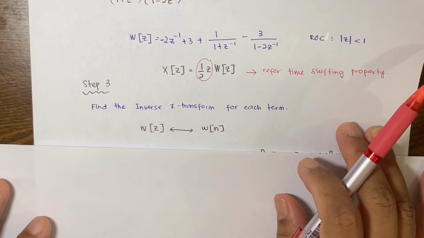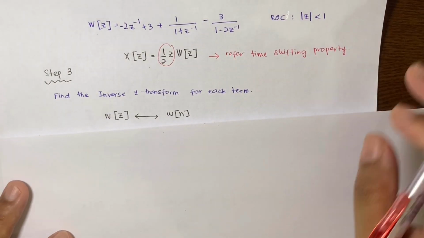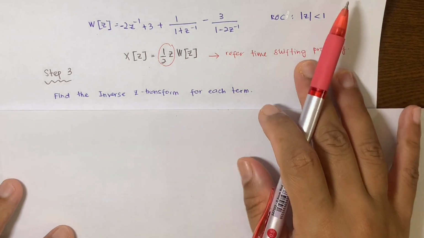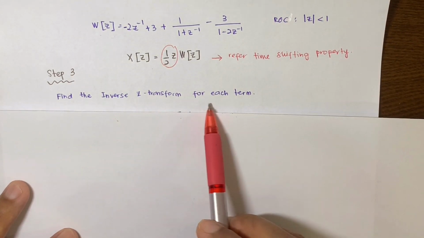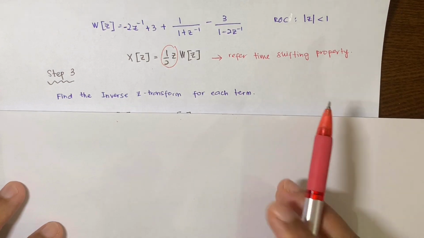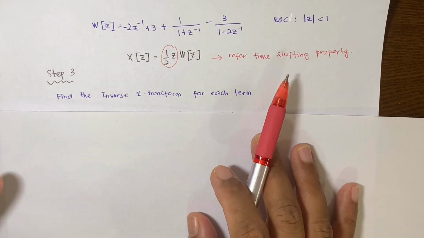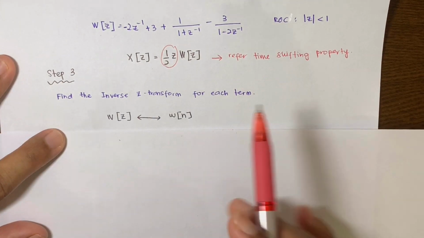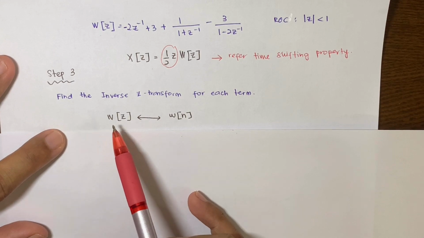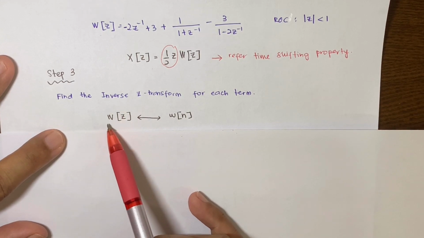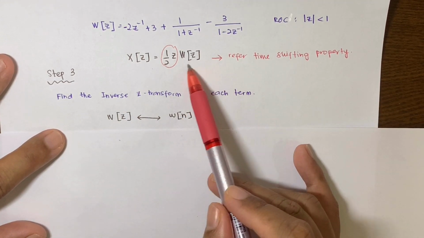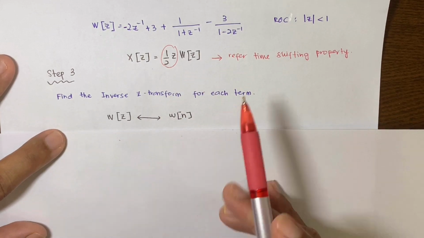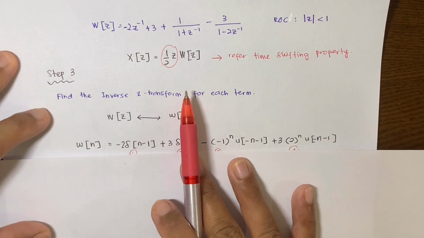Okay, step 3. Find the inverse z transform for each term. So first we do W(z) to get w[n].